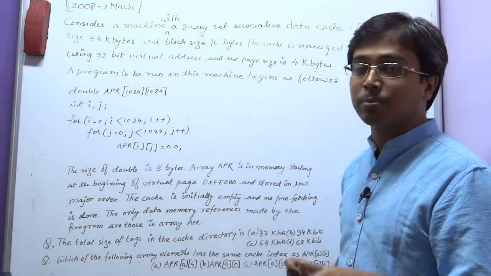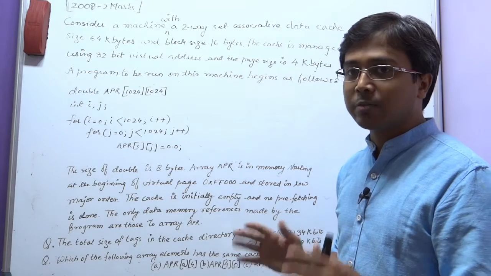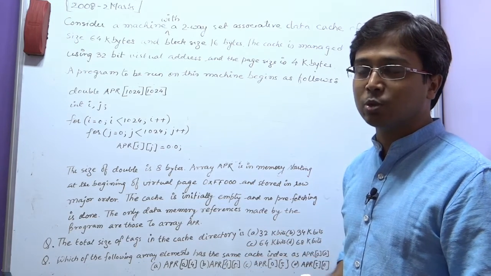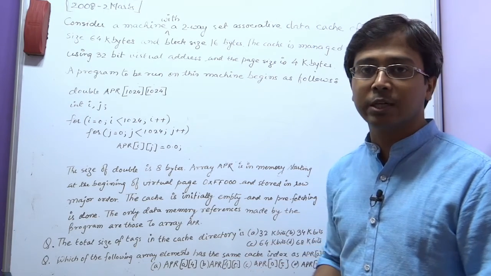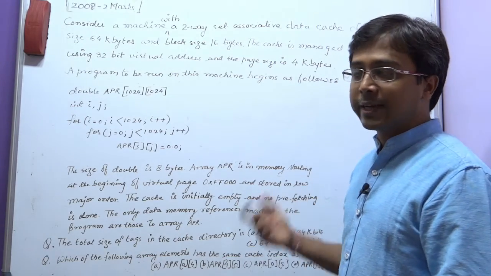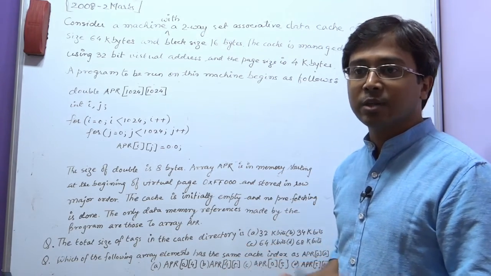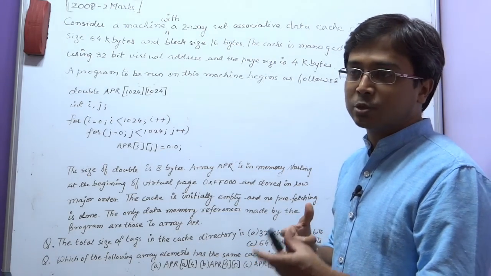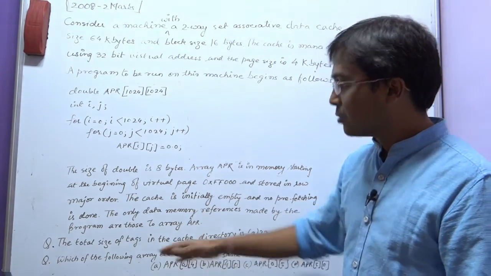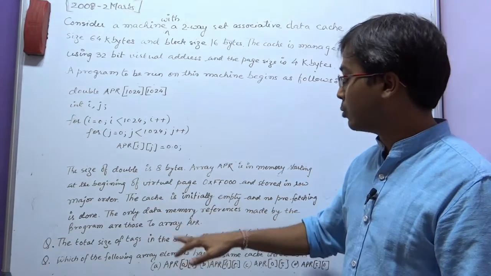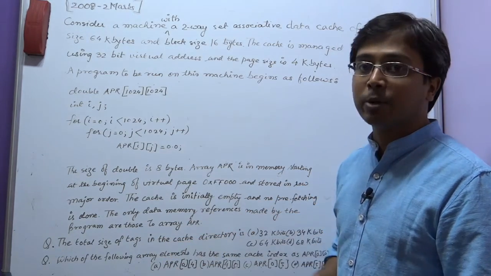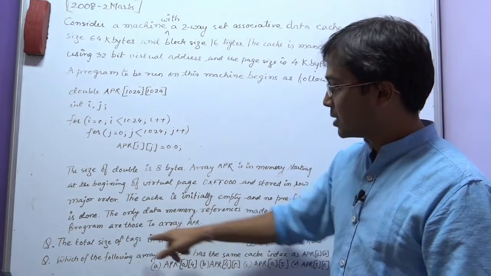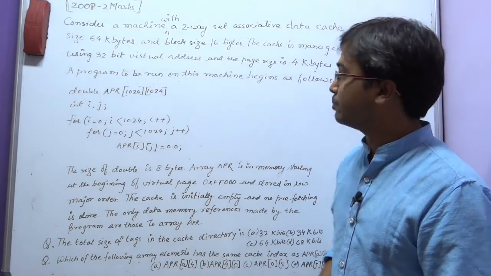So this is one important point that you should note. Whatever kind of cache we might be using, whether it is n-way set associative, direct mapped or fully associative, the tag field is always associated with cache blocks, right? So to find out the total size of tags, what we need is the total number of cache blocks times the size of the tag field.